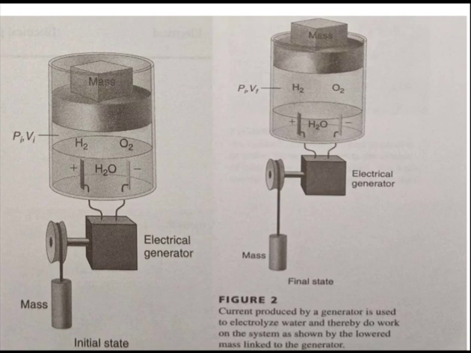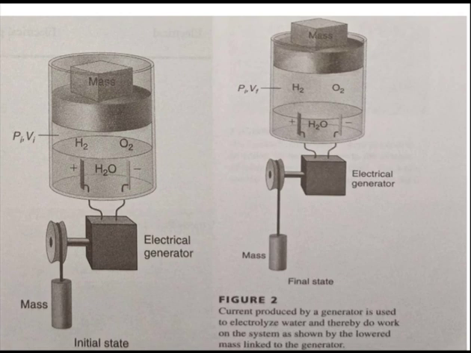Then this is the second diagram for again expansion type of work where electrical work is performed. See here, this is the container which contains the solution in which water is there, H2 and O2 ions are there, and the system is attached to the electrical circuit.